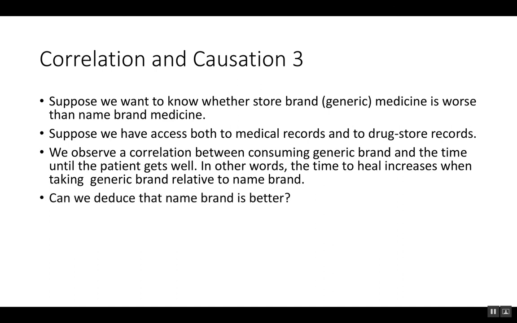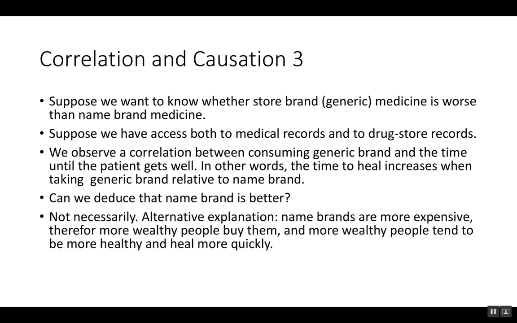Can we conclude then that the name brand is better? Not necessarily, because here is an alternative explanation. Name brands are more expensive, therefore more wealthy people buy them, and wealthier people tend to be healthier and heal more quickly. So it's really the result of a separate cause, which is the affordability of the different brands. We need to control for external variables such as wealth.